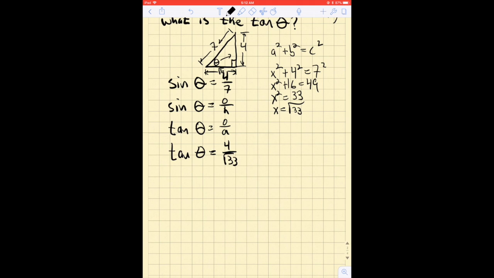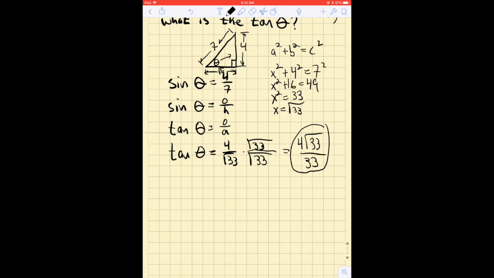But there is a radical in the denominator, so I'm going to multiply by 1. Root 33 over root 33 is equal to 1. So now I have 4 root 33 over 33. And that is the answer to the question.